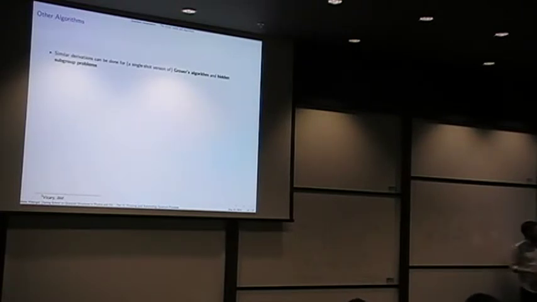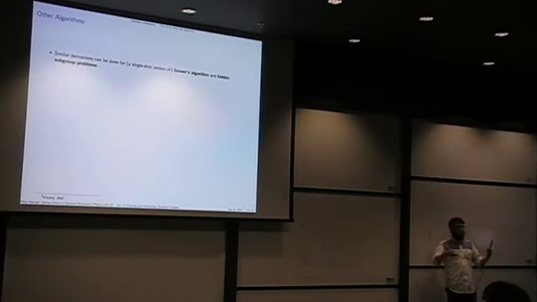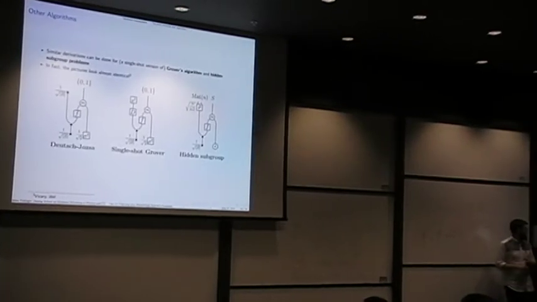So similar things can be done for a single-shot version of Grover's algorithm. So this is where 1 in 4 elements are your marked elements, right? The way you get full Grover is you iterate this to decrease the number of elements you have to have marked. So the single-shot version works, and there should be some way to generalize that. And also the hidden subgroup problems.